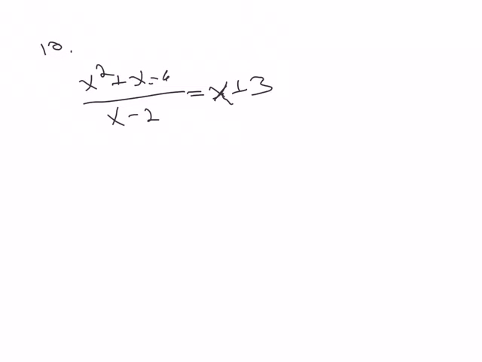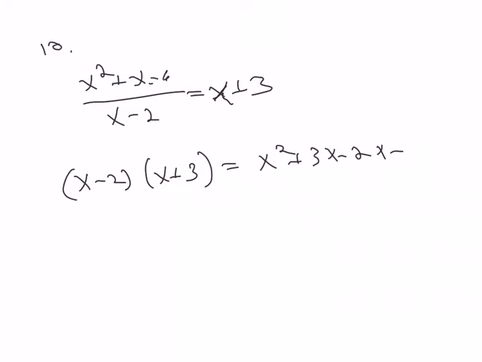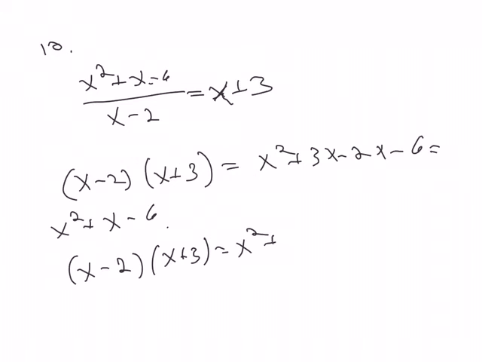This comes about when you say x minus 2 times x plus 3 equals x squared plus 3x minus 2x minus 6, which is equal to x squared plus x minus 6.